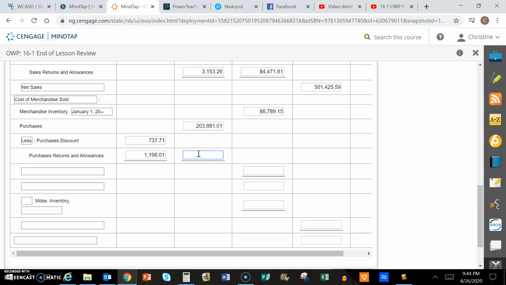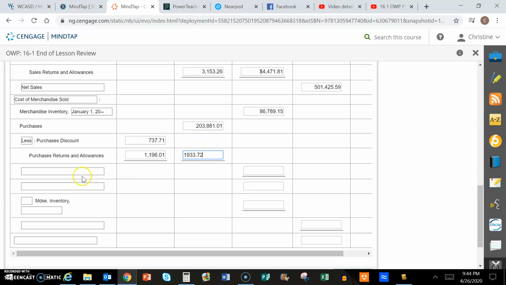Okay, we're going to add these two up, and we're going to put it here. You'll notice how we are over farther to the left because multiple things have to happen before we get to our cost of merchandise sold. This is going to be 1933.72. So we have our purchases minus any returns and allowances or discounts that you gave.